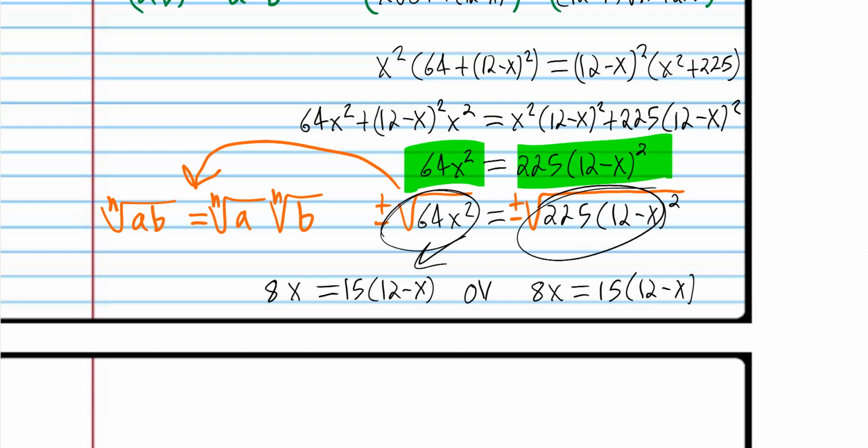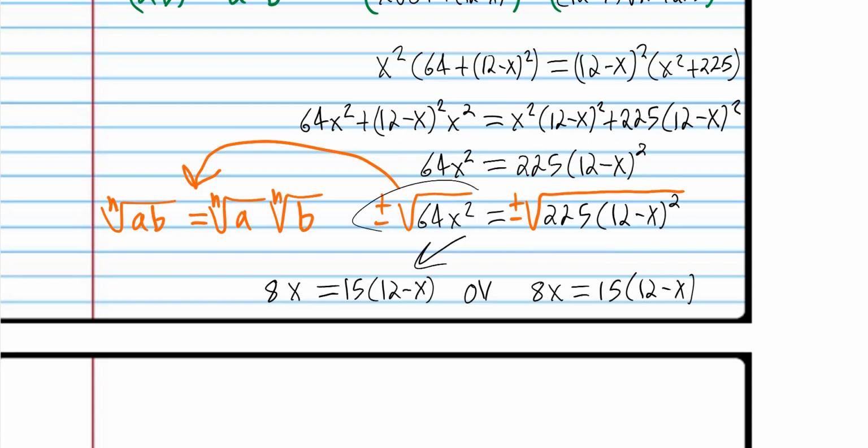So what that means is that this number could be positive and this number could be positive. Both of the numbers could be negative, and those two situations are going to be here. But it's possible one of these numbers could be negative and the other could be positive, or this number could be negative and this number could be positive.